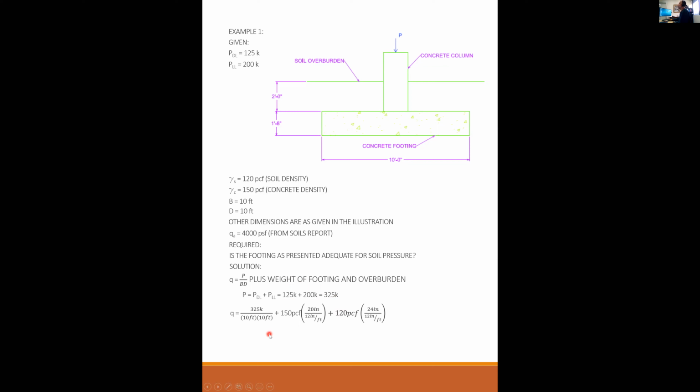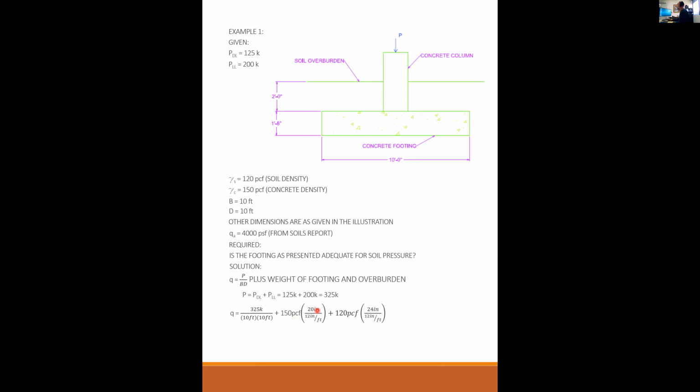So the soil pressure is equal to 325 kips divided by the area of the footing, which is 10 feet by 10 feet, plus the density of the concrete, 150, times the thickness of the concrete divided by 12.